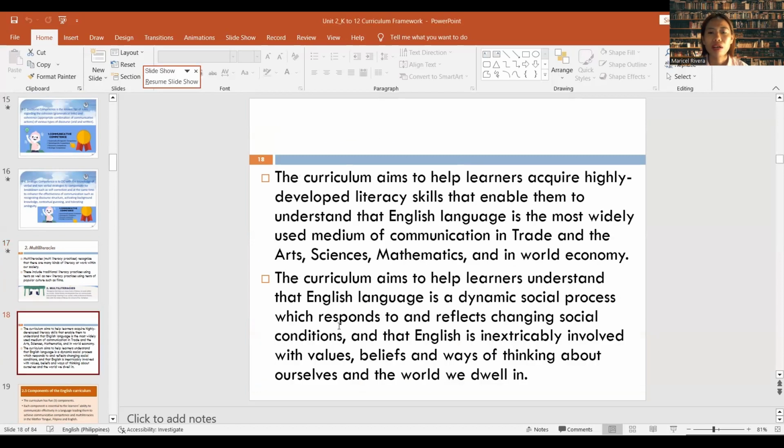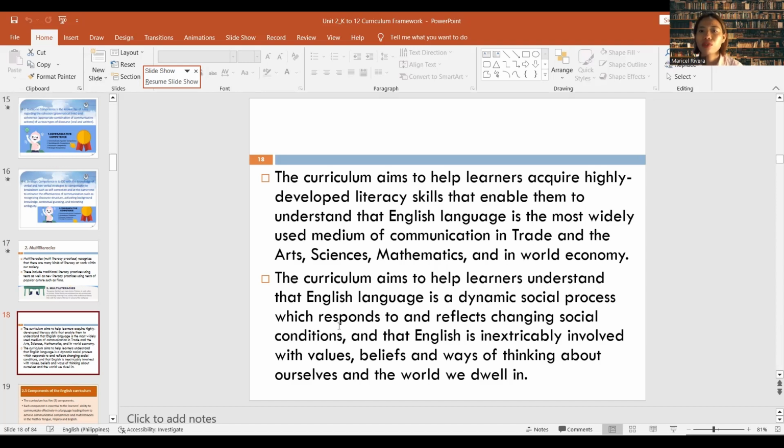Now, the very aim of the K-12 English curriculum is actually to help learners acquire highly developed literacy skills, and these highly developed literacy skills could enable them to understand the English language, which is the most widely used medium of communication in trade, the arts, the sciences, mathematics, and in world economy.